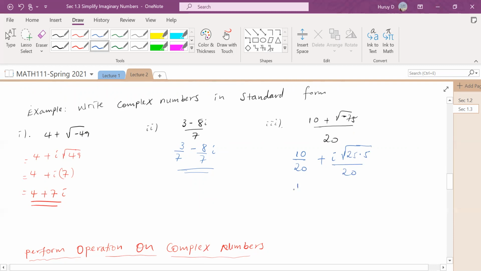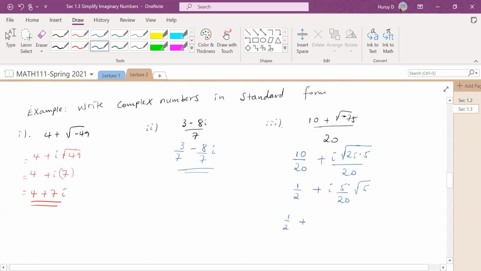So 10 over 20 is 1/2. We have i, and the square root of 25 is 5. So I will have 5 over 20 square root of 5. And we can simplify this one. That becomes 1/2, this is 1 over 4, i square root of 5 over 4.